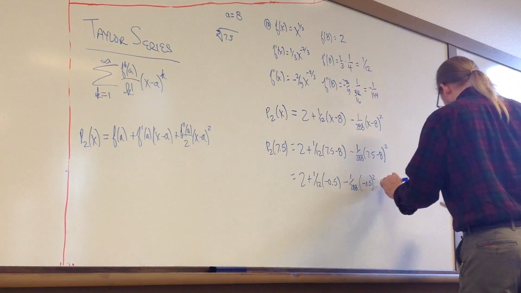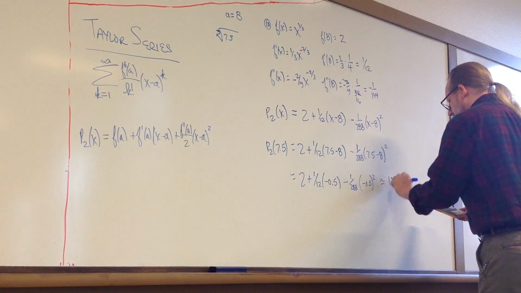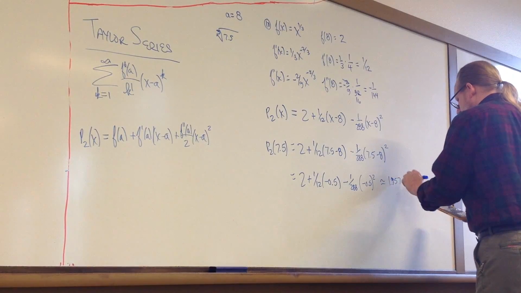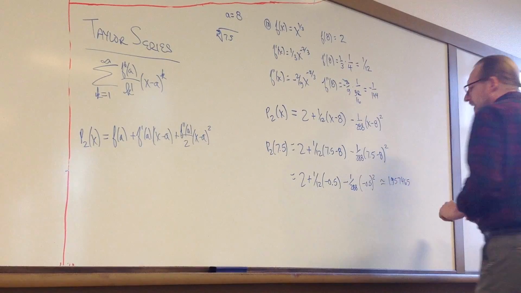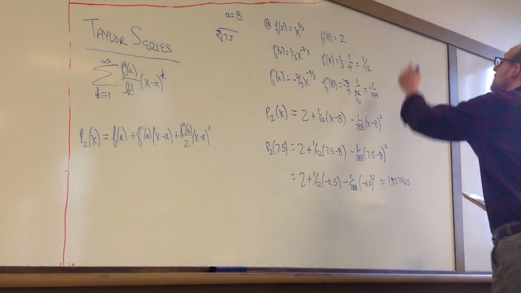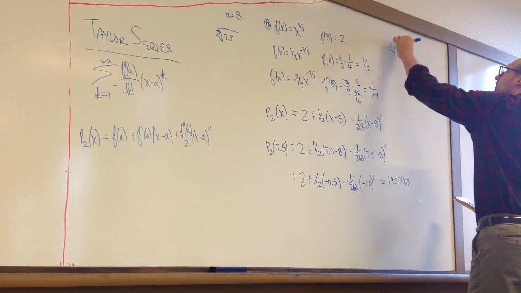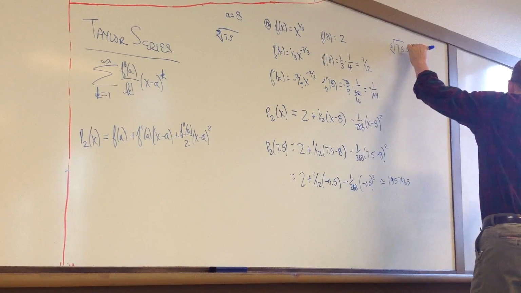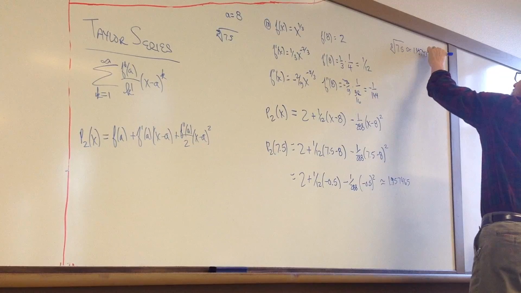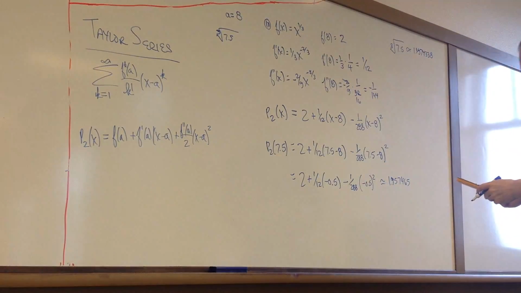And so let's see what this comes out to be: 1.957465. And then the cube root of 7.5 is going to be 1.9574338.